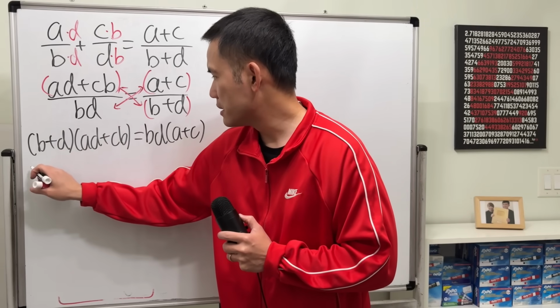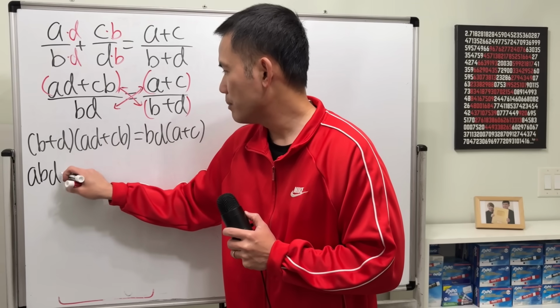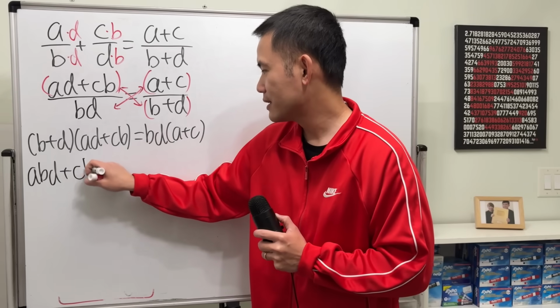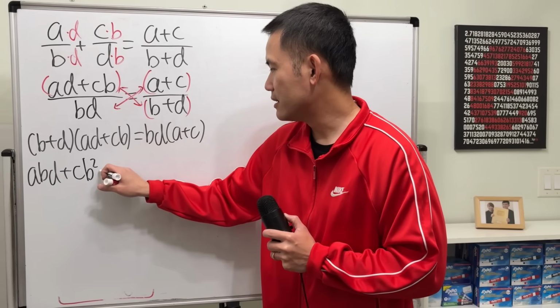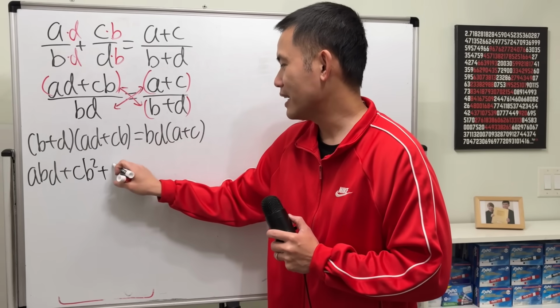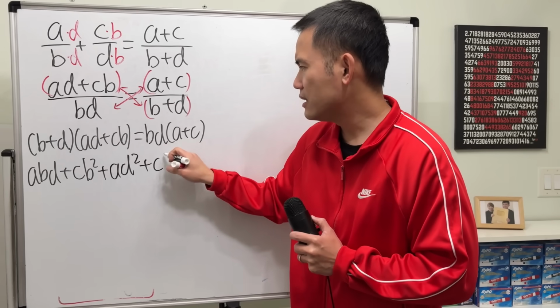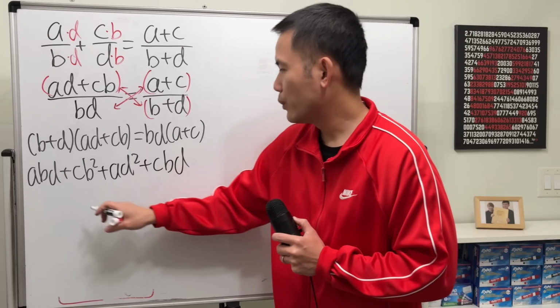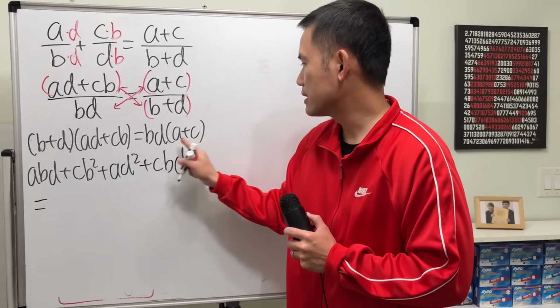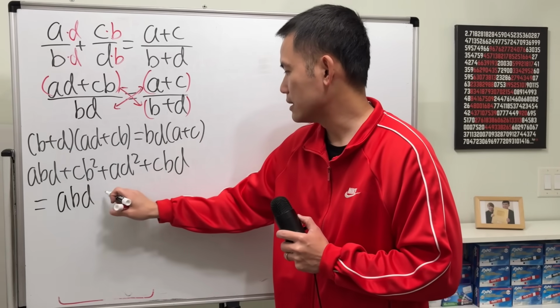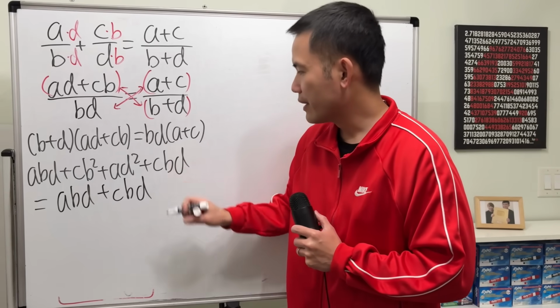This times this is abd, plus this times this is cbb, which is cb squared. And then this times this is add, which is ad squared. And then this times this is plus cbd. And we are going to make this equal to this times this, which is abd. And lastly, this times this is plus cbd.